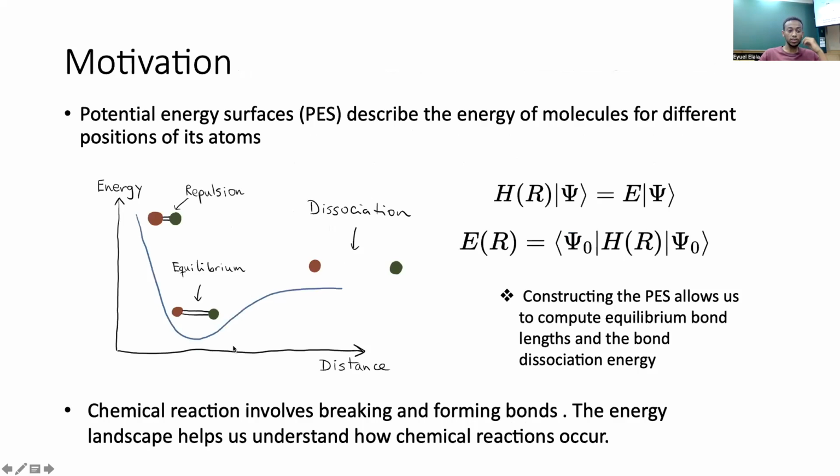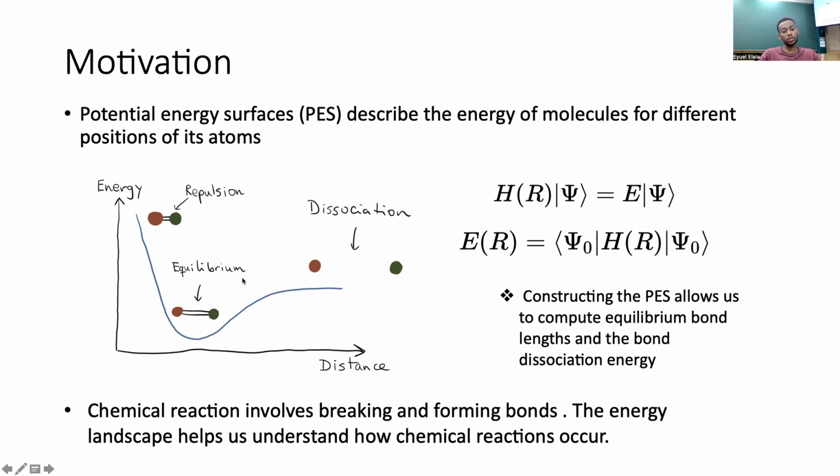Okay, we've seen what the variational quantum eigensolver is, but what is the motivation? Why do we need to study it? What are its practical advantages? We can talk about the potential energy surface curve.